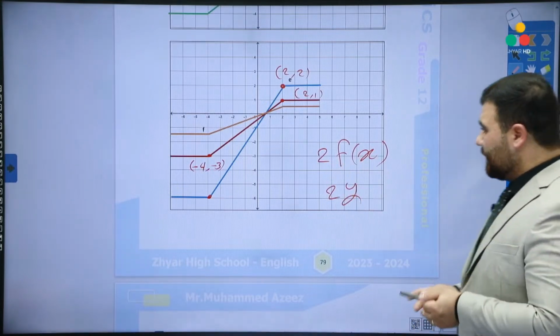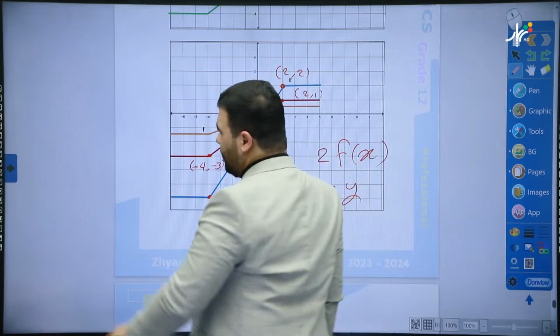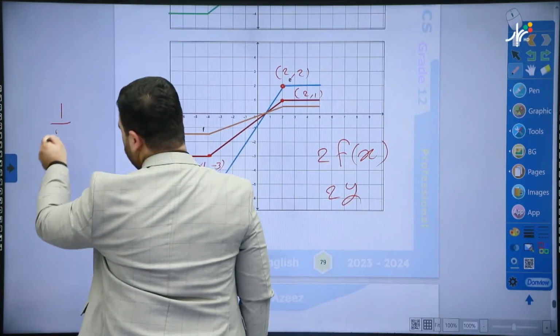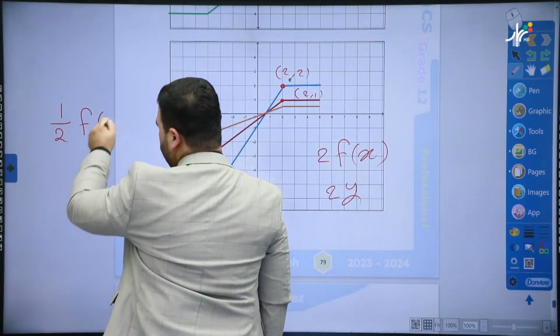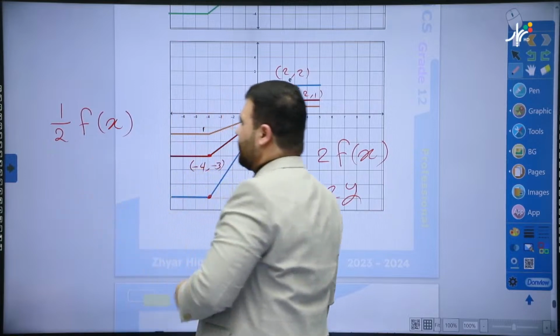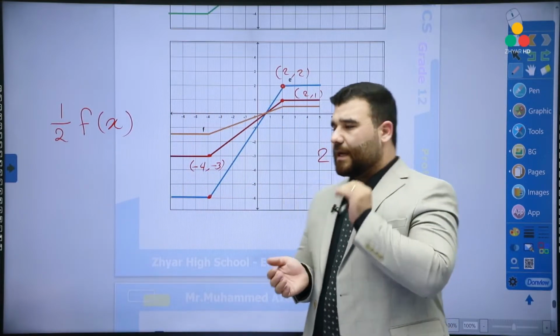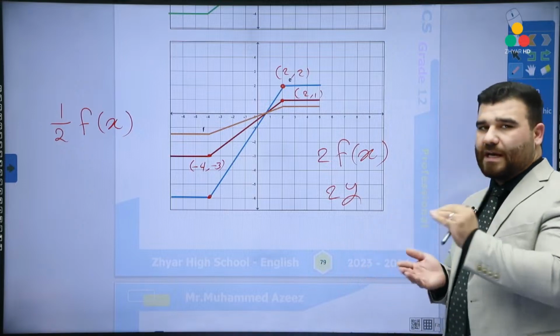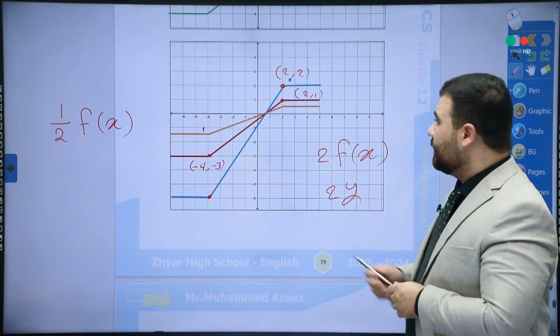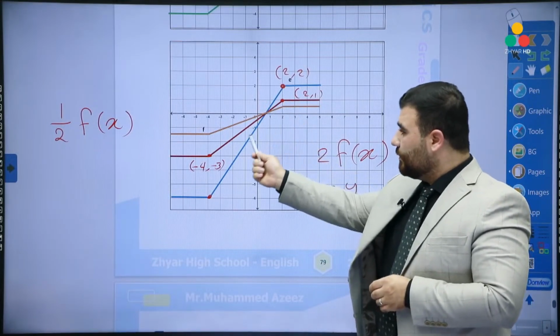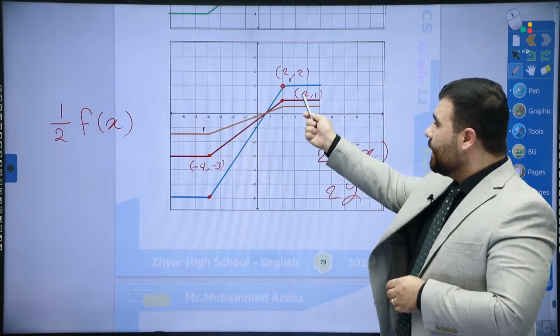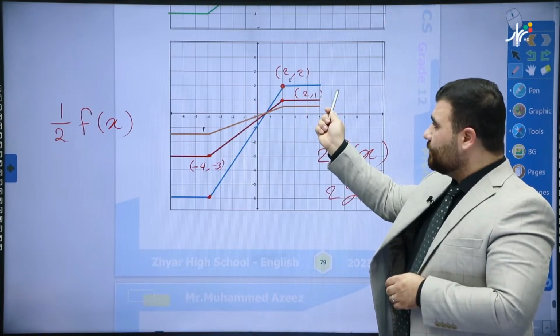Now, for the same idea, if we multiply by a number that's less than 1, 1/2 times f(x), this is part f. This makes the graph shrink, and the height will be half of the original height. The original height is like this red diagram. This point is (2, 1).